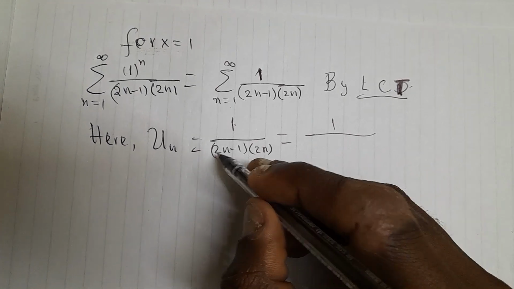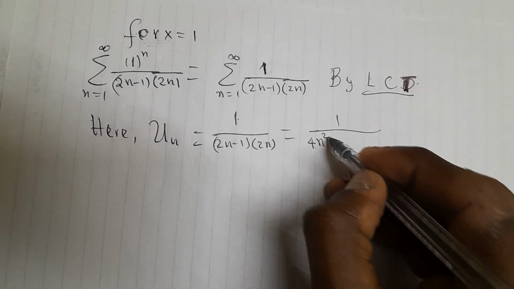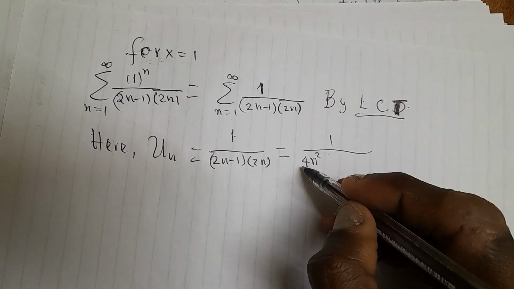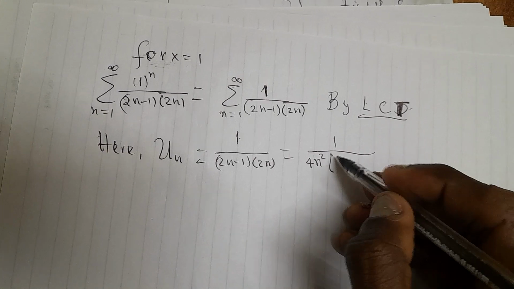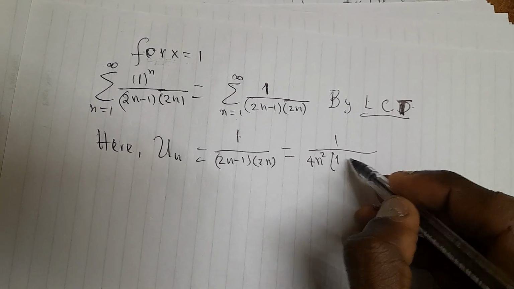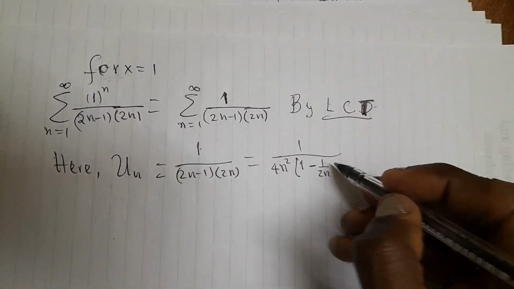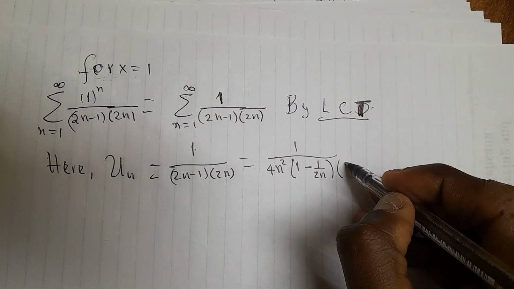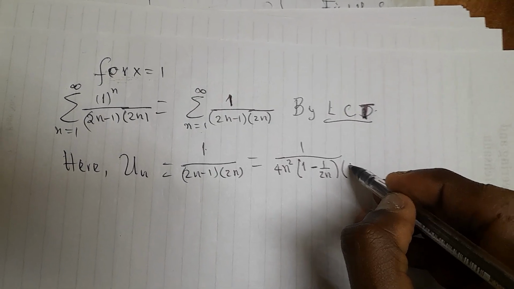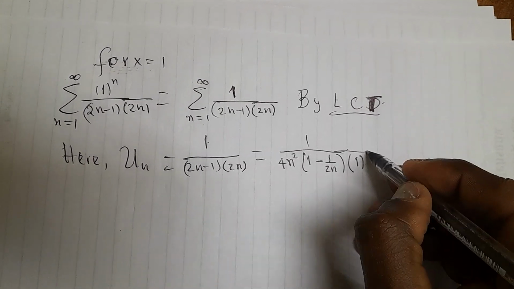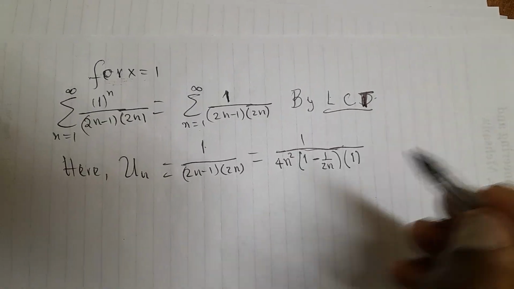I will take common this and this, so it will be 4n square. I can just take out 4n square here, and it will be 1 minus 1 upon 2n times here, it will be only 1. I just took common this 2n out.